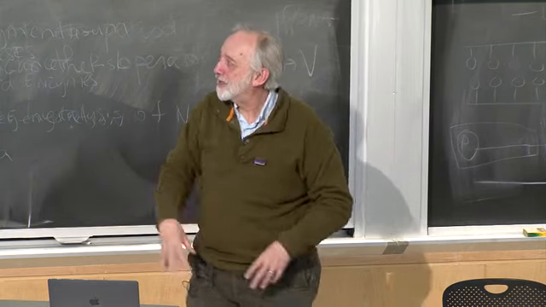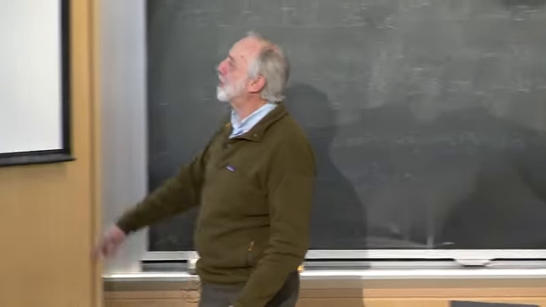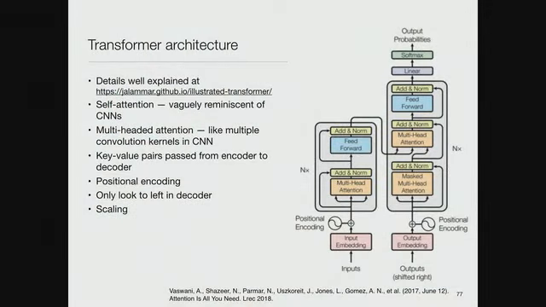And then, in order to complicate it some more, they say, well, we don't want just a single notion of attention, we want multiple notions of attention. So what does that sound like? Well, to me, it sounds a bit like what you see in convolutional neural networks, where often when you're processing an image with a CNN, you're not only applying one filter to the image, but you're applying a whole bunch of different filters.